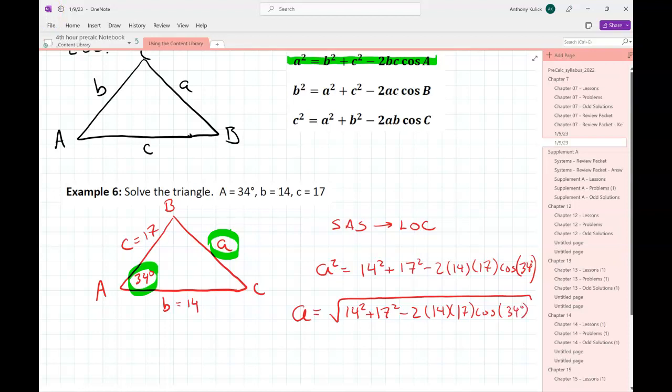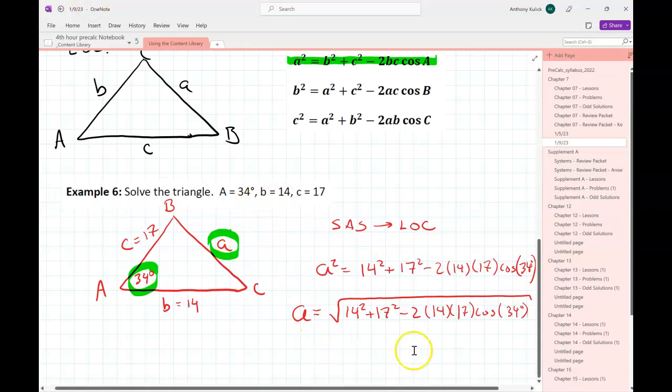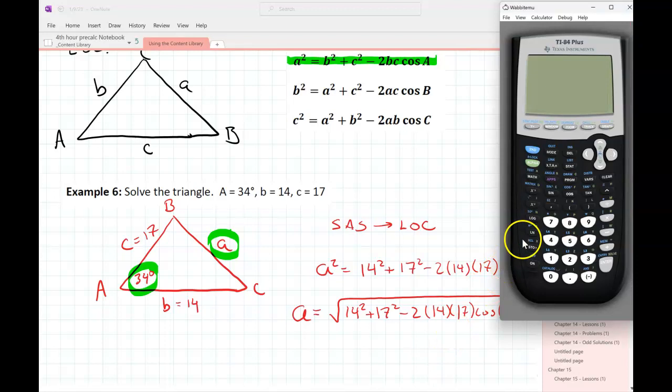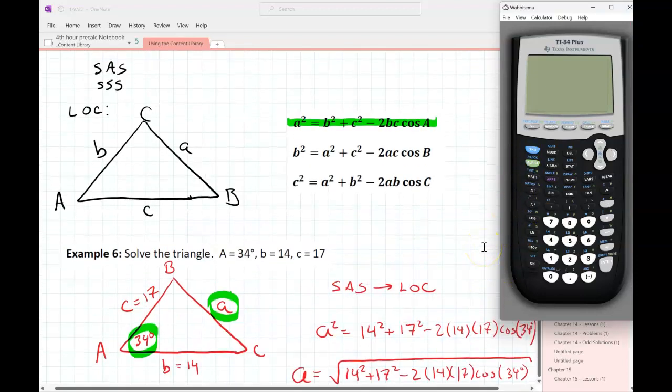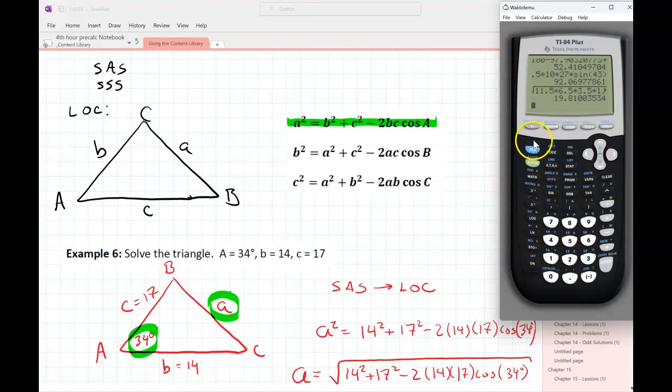My suggestion to you would be to type it into the calculator exactly as it looks on my sheet of paper. Don't try to turn this into a bunch of different steps. Just do it all at once. So I'm going to do square root 14 squared plus 17 squared minus 2 times 14 times 17 times cosine 34.